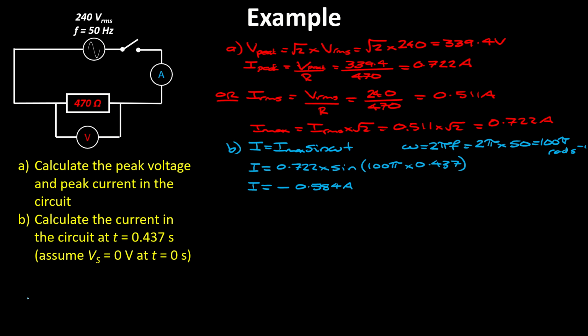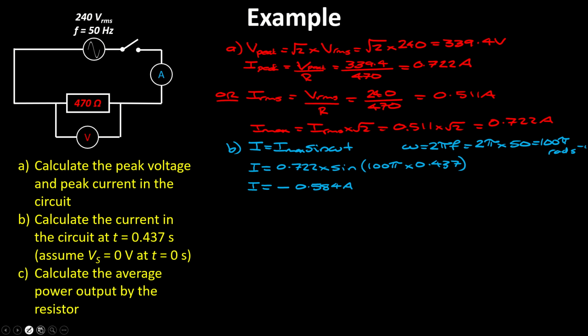Okay. And the third part of the question, calculate the average power output by the resistor. So again, there's a couple of ways of doing this. I'll show them both. First of all, given that we've already figured out the RMS current, you could just do this.